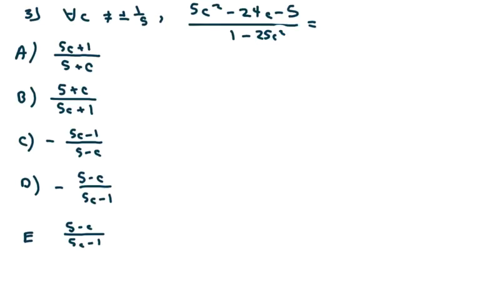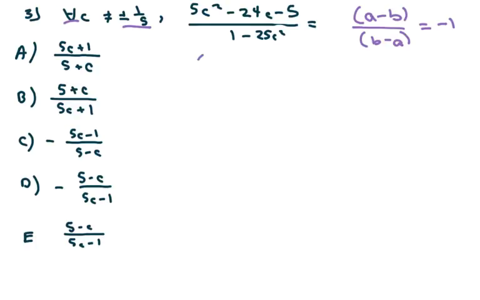The next set was like another one we did. This is for all C, and C can't be plus or minus 1/5 because that would make the denominator 0. And you also need to remember that A minus B over B minus A equals -1. So let's go ahead and factor this.